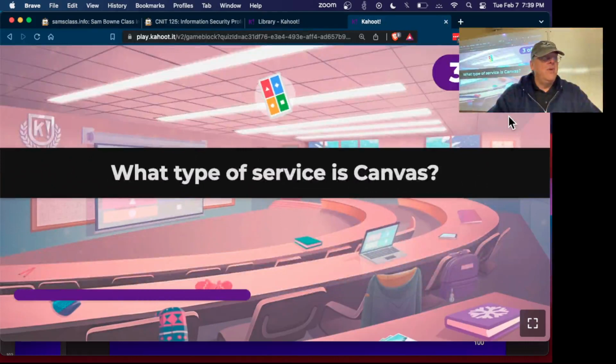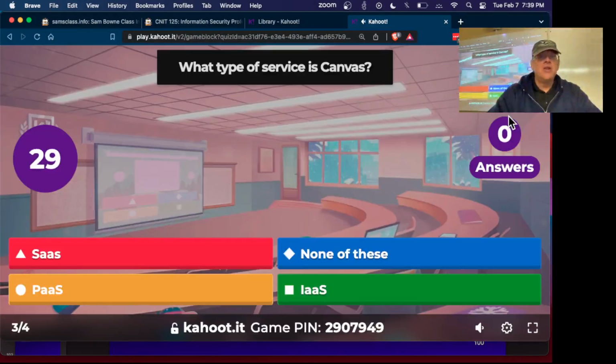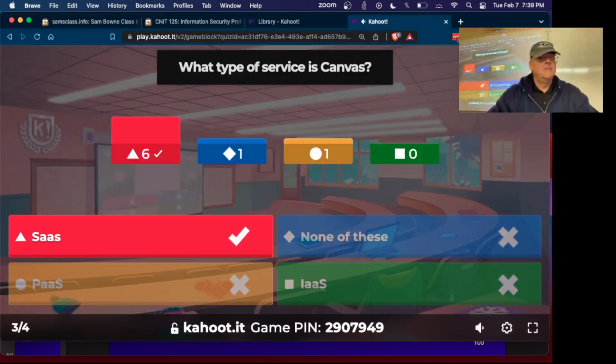All right, what kind of service is Canvas, where you're turning in your homework? That's software as a service. You can't change it. All you can do is use the options they give you.